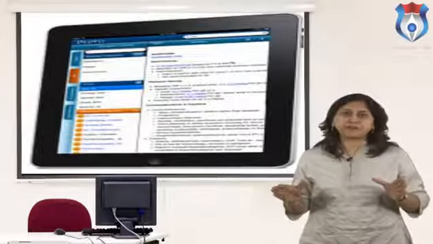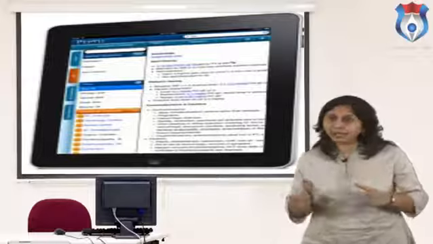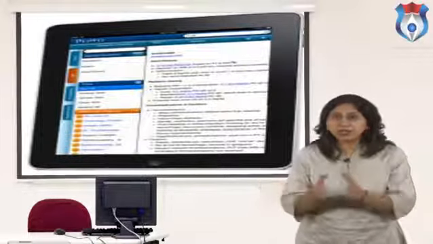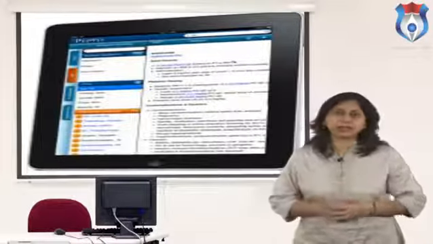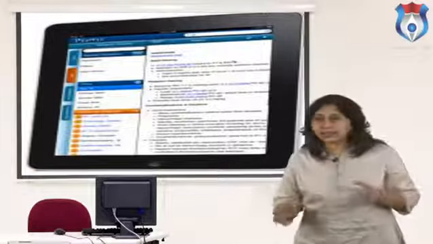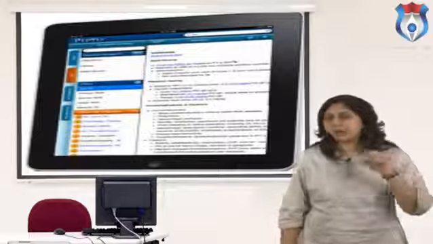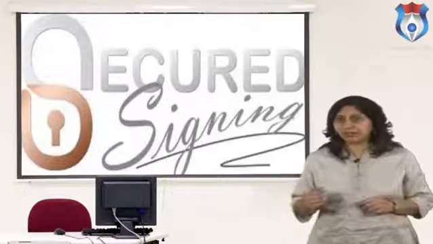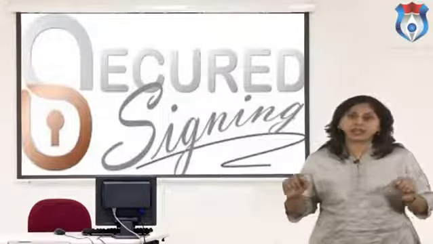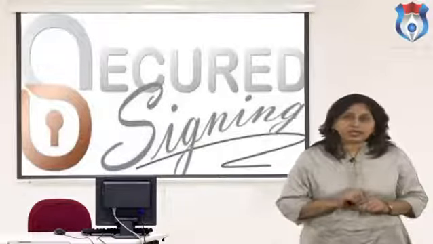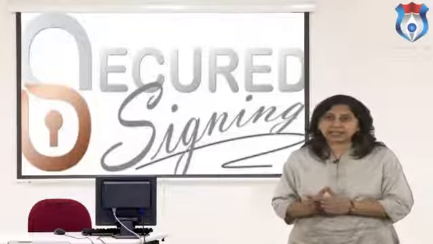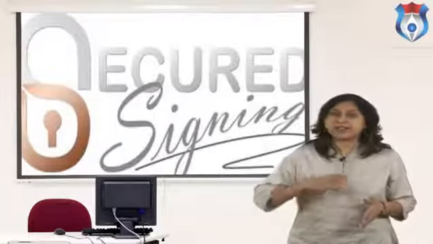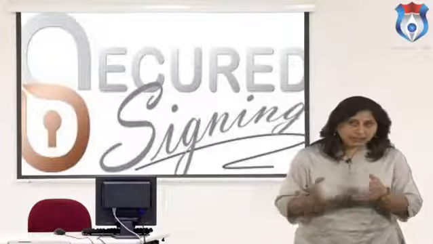Where any law provides for the filing of any form, application, or any other document with any office, authority, body, or agency owned or controlled by the appropriate government in a particular manner; the issue or grant of any license, permit, sanction, or approval by whatever name called in a particular manner; the receipt or payment of money in a particular manner; notwithstanding anything contained in any other law for the time being in force, such requirement shall be deemed to have been satisfied if such filing, issue, grant, receipt, or payment, as the case may be, is effected by means of such electronic form as may be prescribed by the appropriate government.